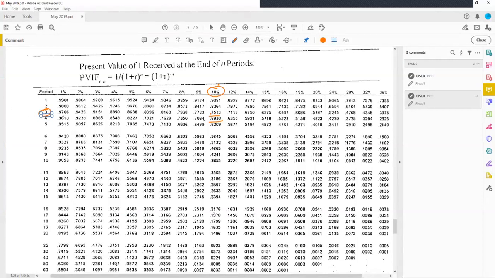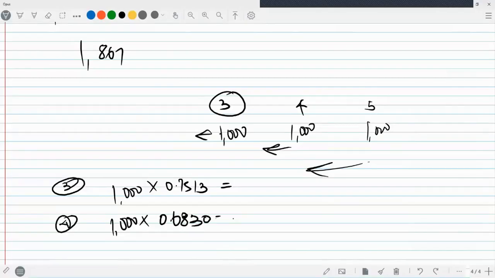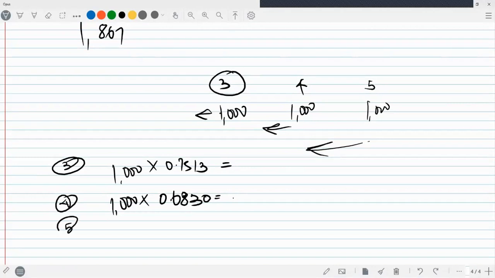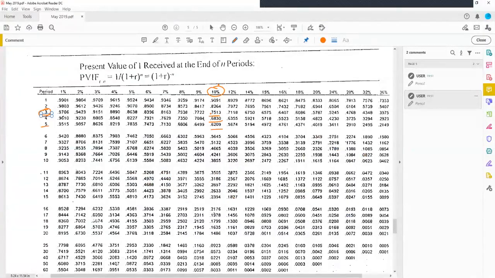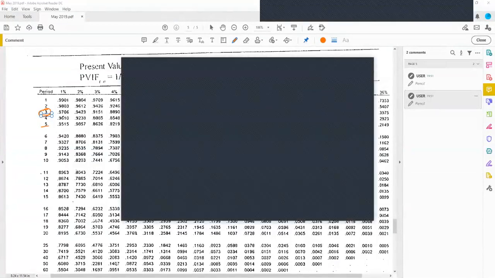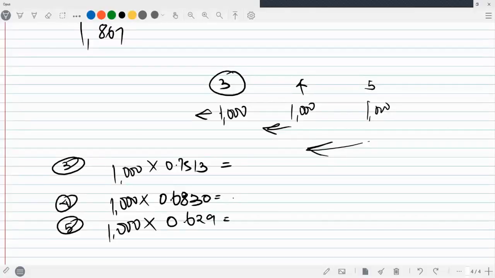So you get 683. Then the year 5 cash flow, 1,000 times year 5 at 10%. I want to discount year 5 at 10%, so going back to the table, year 5, 10%, and I get 0.6209. So that gives us 751, 683, and 621.